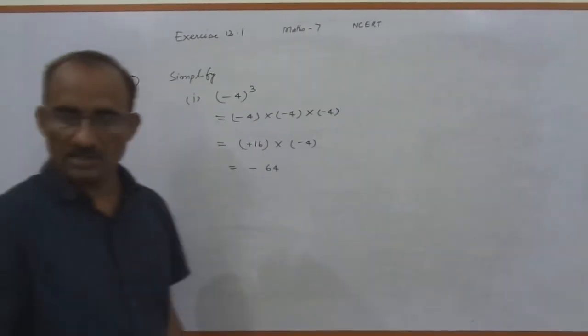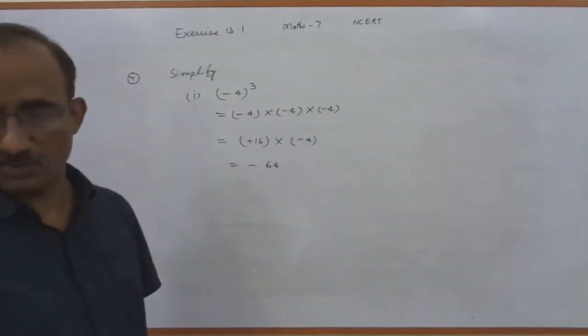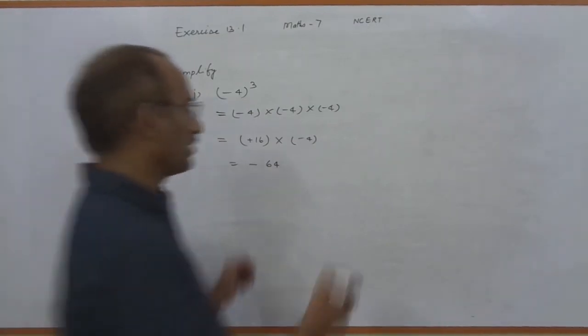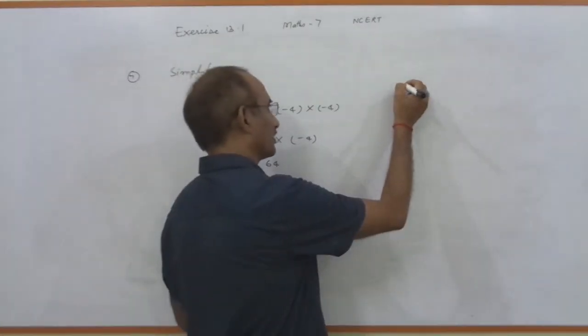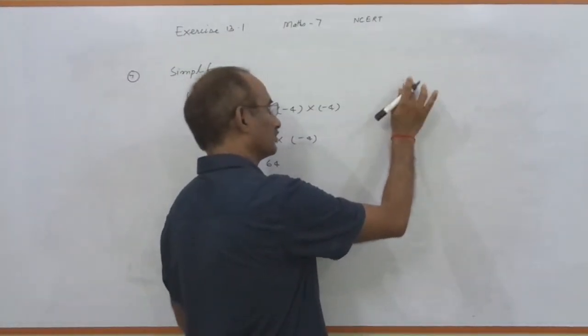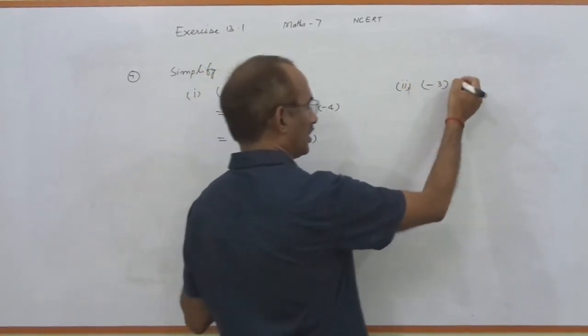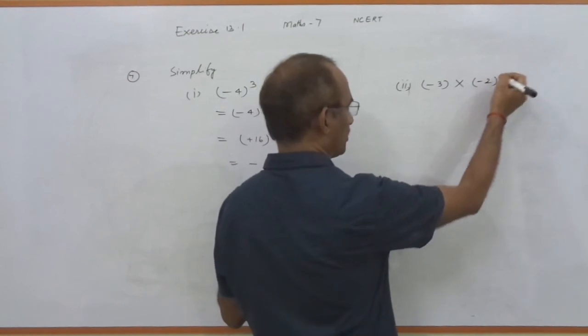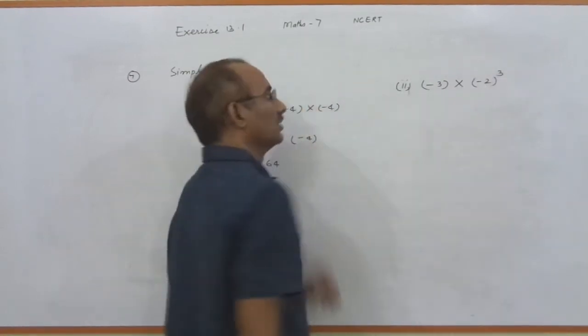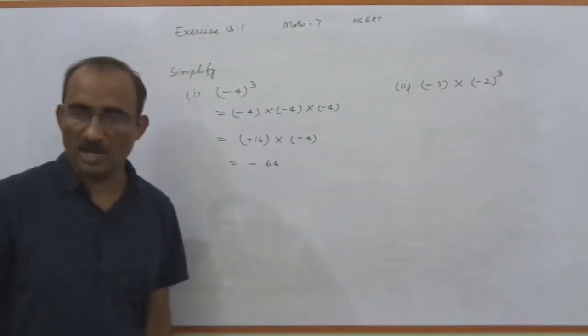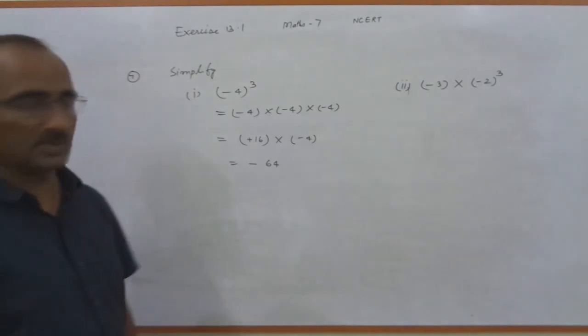Question number 2. Minus 3 multiplied with minus 2 raised to the power 3.